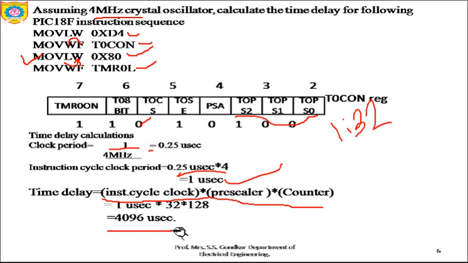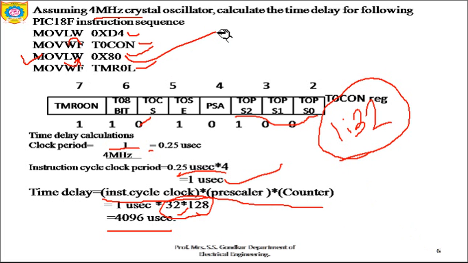So how did we get this 128 and 32? 32 is nothing but the value of the prescaler. What is 128? 128 is the decimal value of this count. You can see this is the count. 0x80 is the count which is given. If you write 80 in binary, it is 8 and these are zeros.